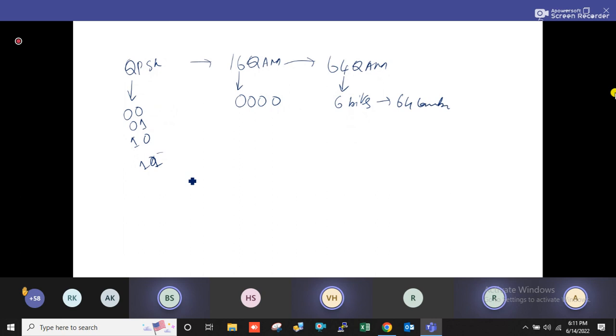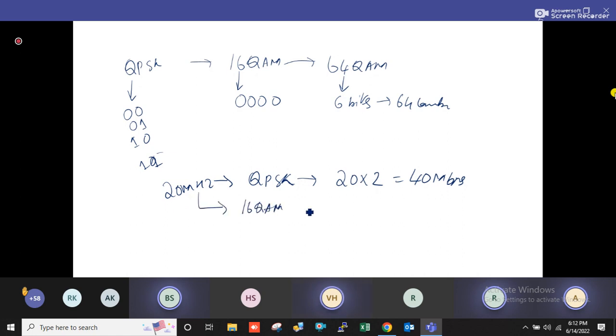So please remember this, if I say 20 megahertz and we are using QPSK modulation, just to make you understand for a simpler purpose, a very simple calculation is 20 multiplied by 2, this will be your actual throughput, that is 40 Mbps. If we consider the same 20 megahertz and implement 16 QAM modulation, then it will be 20 multiplied by 4, equals 80 Mbps.